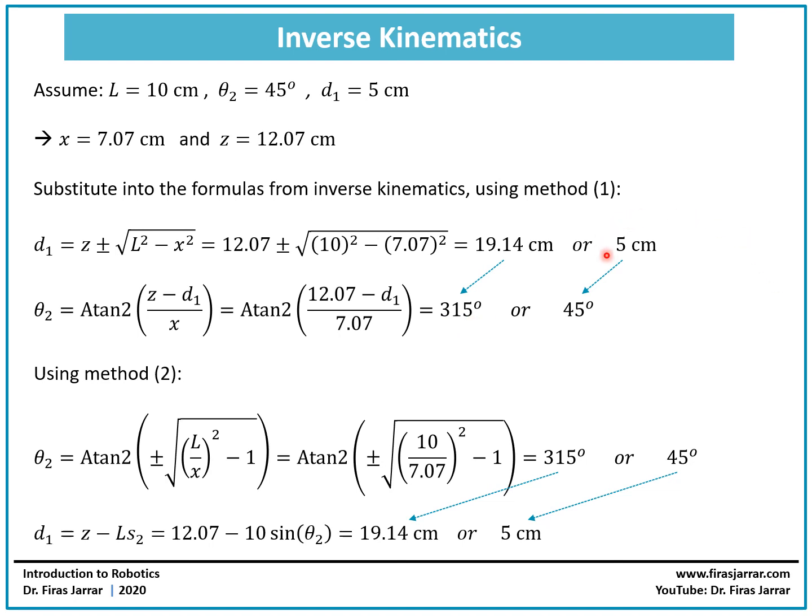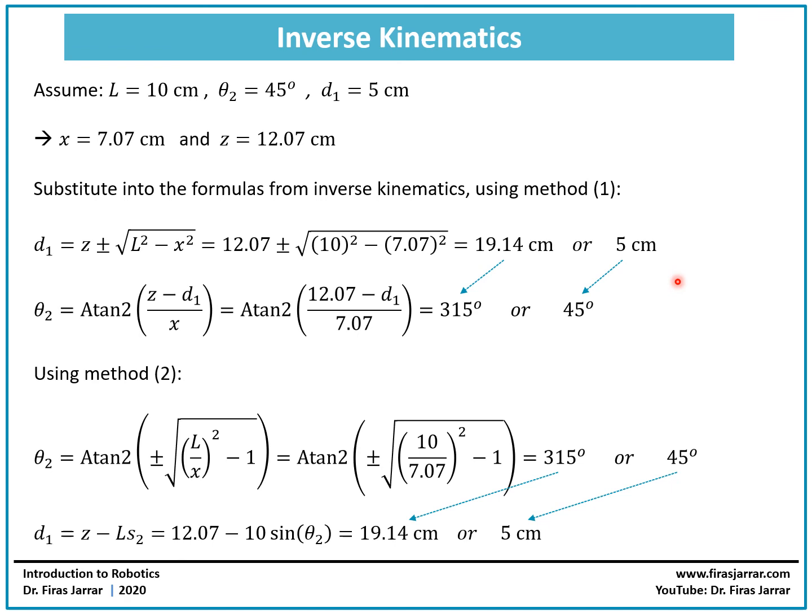When we substituted for D1 with 5 centimeters, this gave us an angle of 45 degrees. So what we got here is that D1 could be 5 centimeters with a value for theta 2 of 45, and notice that these are the same values we started with. We started assuming a value for D1 to be 5 centimeters and theta 2 to be 45 degrees. And this validates our approach.